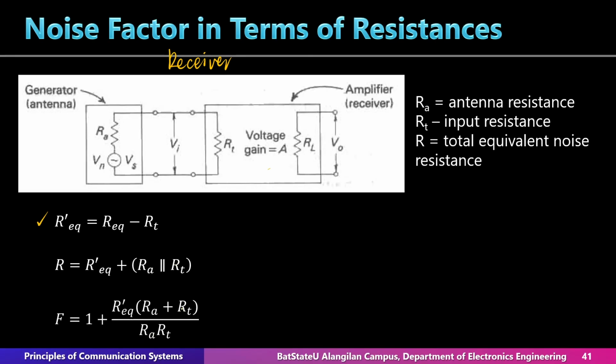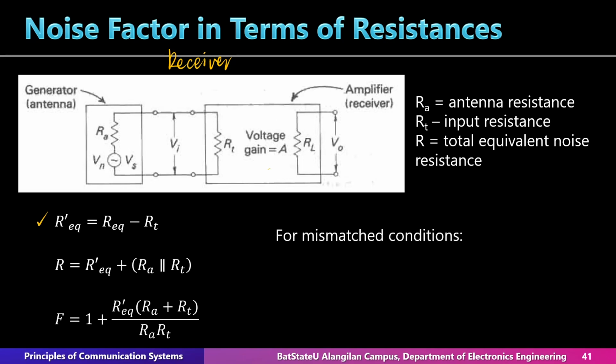Okay. So, reciprocal pala nung resistance ito. So, 1 plus R prime equivalent, yung nakuha natin kanina, times (RA plus RT) over (RA times RT). Okay?